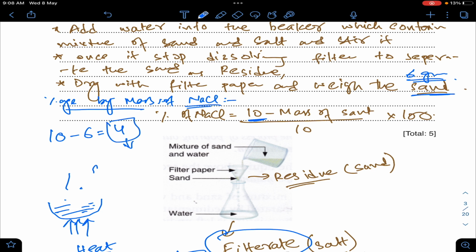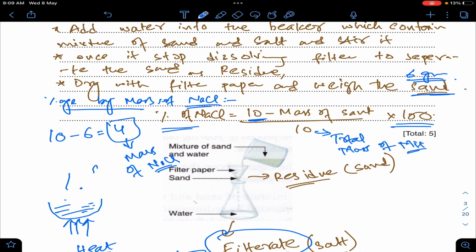That would be the mass of sodium chloride. And for percentage, we'll divide it by the total mass of mixture, multiply by 100, and that would be your percentage of sodium chloride in 10 grams of mixture of sand and sodium chloride.